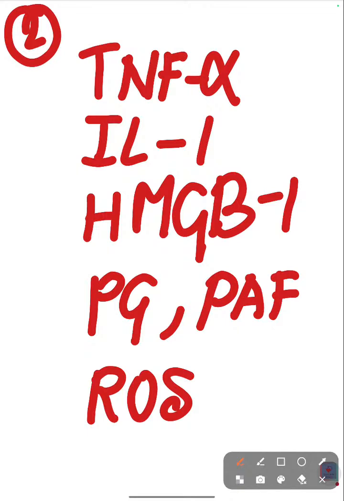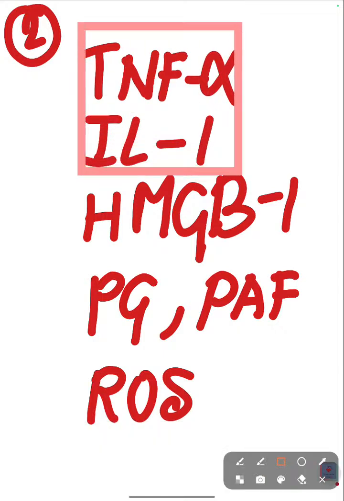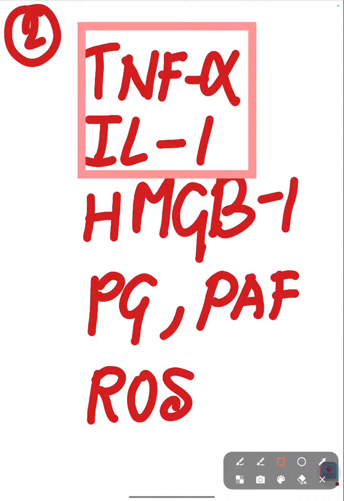So the second step is the activation of macrophages and neutrophils. Because of the activation, they stimulate pro-inflammatory cytokines, TNF alpha and interleukin 1.